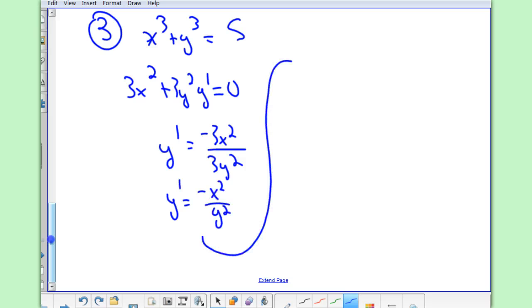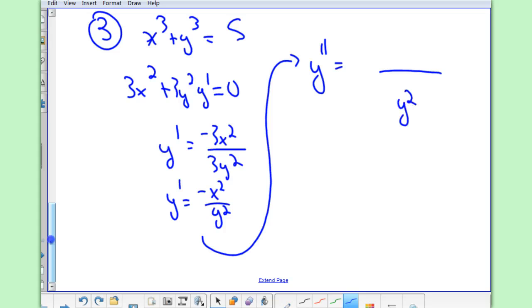But that's just the first derivative. So in the second derivative, we take the derivative again. Therefore, that would make it y double prime. We obviously have to use the quotient rule.